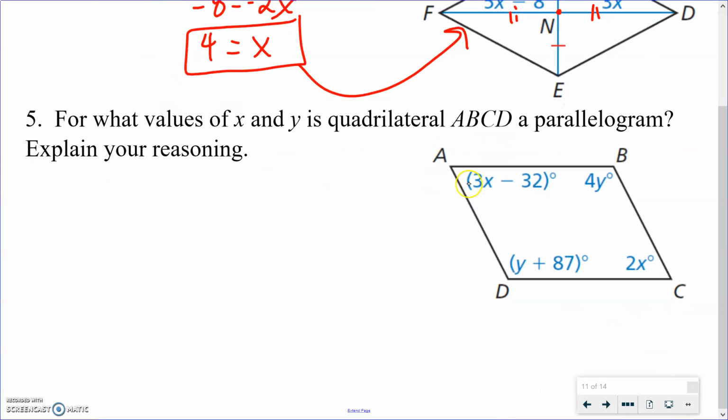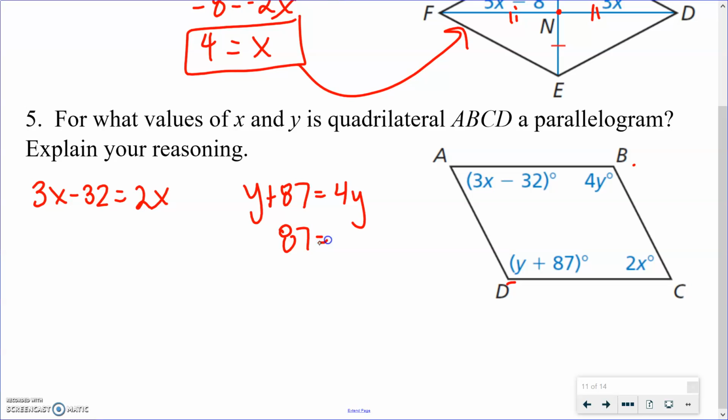Okay? We're going to do the same thing here using what we know about the angles in a quadrilateral that is a parallelogram. And that means that angle B and angle D would be congruent, and angle A and angle C would be congruent. So I'm going to set up two equations. The first one is going to be 3x minus 32. It's angle A. I know it's congruent to the opposite angle, which is 2x, angle C. And I also know that y plus 87 is equal to 4y because angle D and angle B are congruent as well.